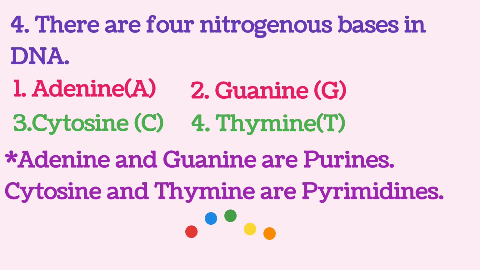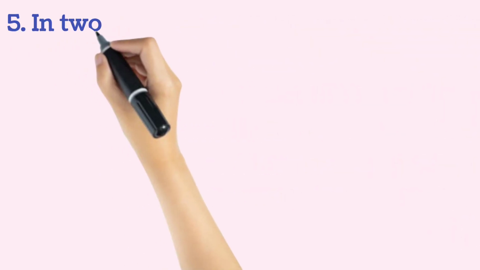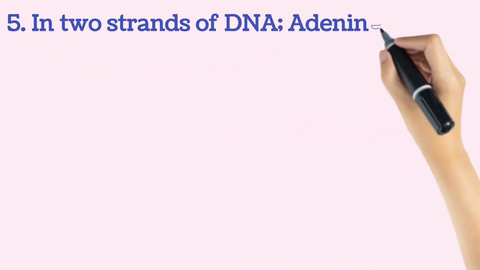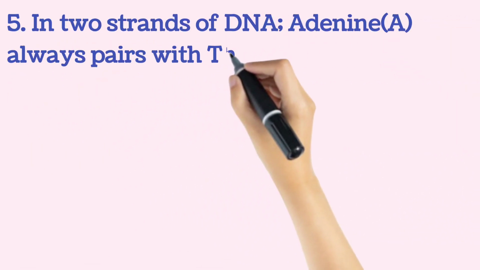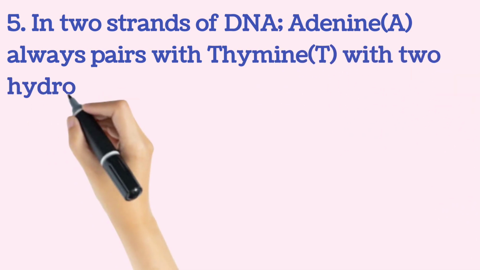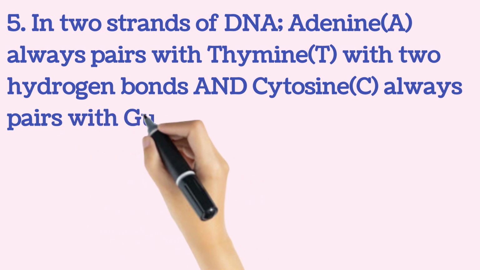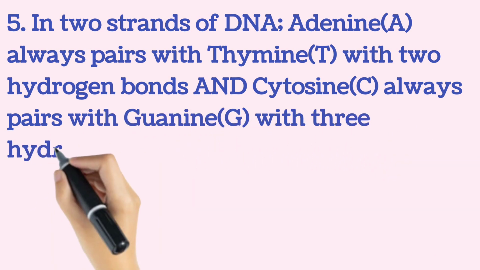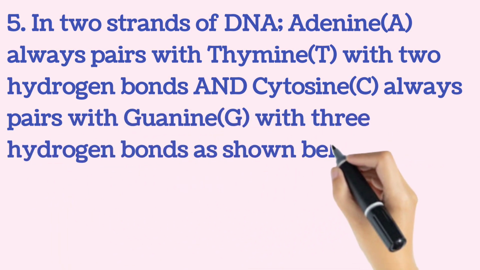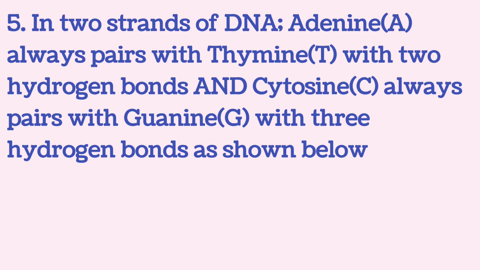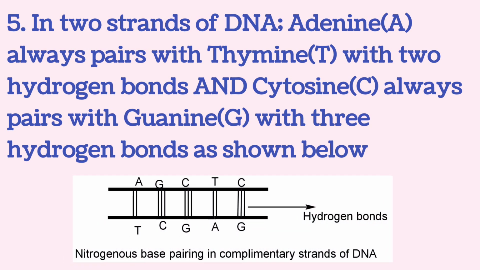Remember that out of these 4 nitrogenous bases, adenine and guanine are purines, and cytosine and thymine are pyrimidines. The next point to remember is that in the 2 strands of DNA, adenine always pairs with thymine with 2 hydrogen bonds, and cytosine always pairs with guanine with 3 hydrogen bonds. A pairs with T, and C pairs with G. You can see this in the figure on your screen.